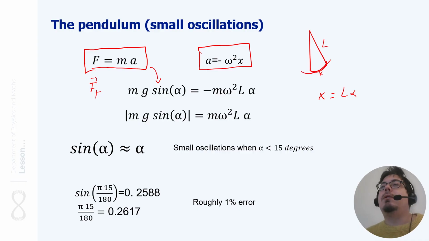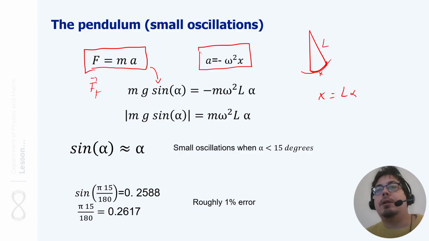So we know that for small oscillations, less than 15 degrees, we can say that sine alpha is equal to alpha. Why? We can make an example, 15 degrees as an upper bound if you want, and we get sine of pi times 15 over 180, which is the conversion between degrees and radians, is 0.2588.